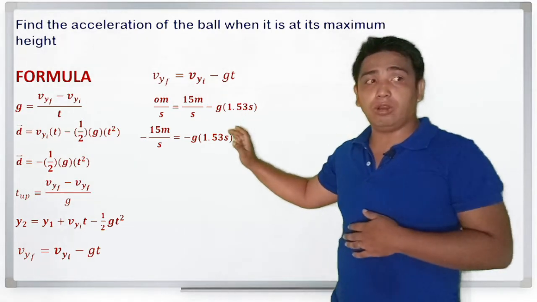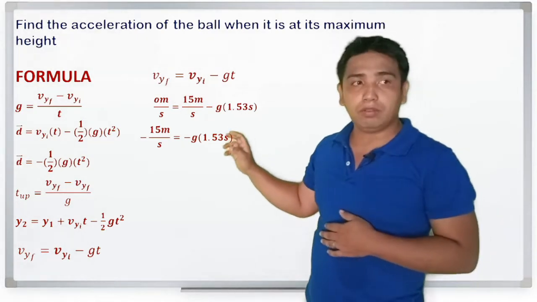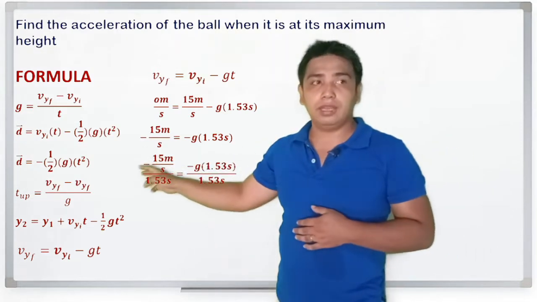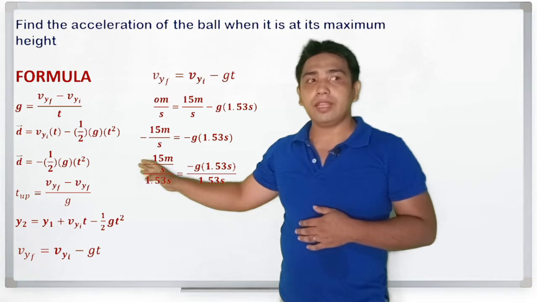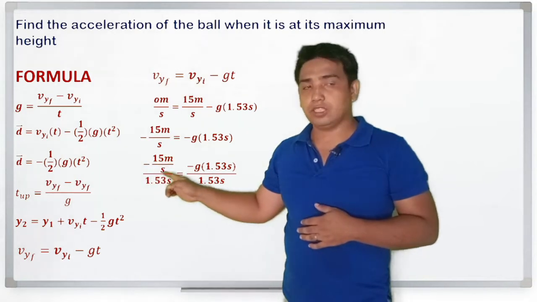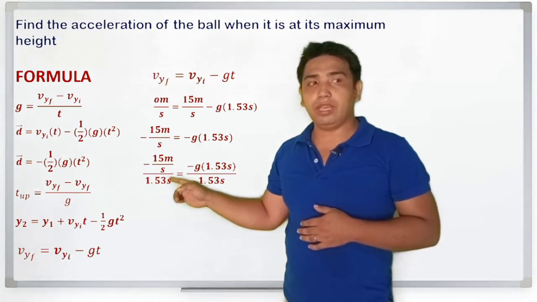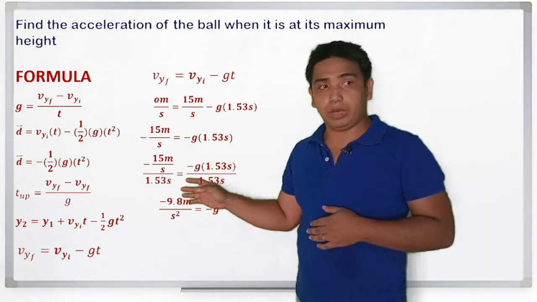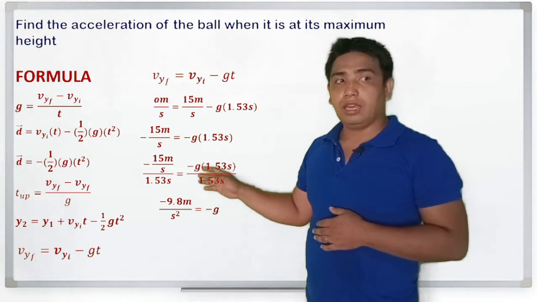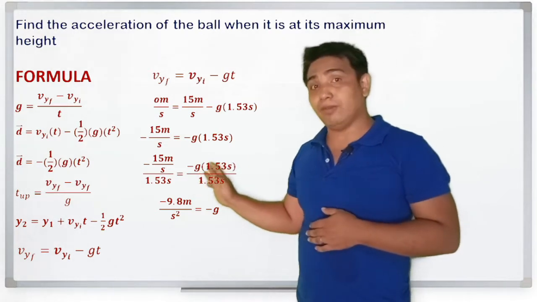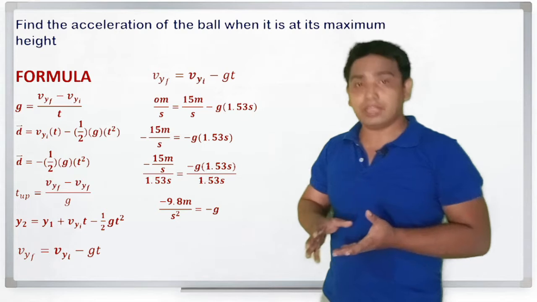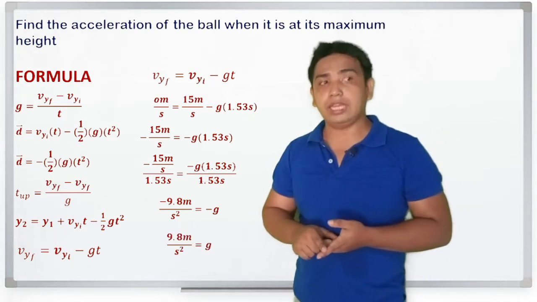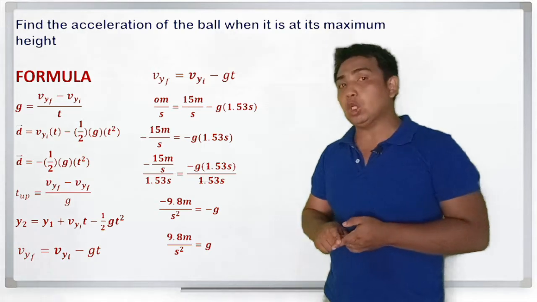Alright, so we are going to divide both sides by 1.53, so that's gonna be negative 15 meters per second all over 1.53 seconds. So the answer will be negative 9.8 meters per second squared. Alright, so it's equivalent to negative G. And then dividing both sides by negative, the answer is 9.8 meters per second squared is equivalent to G.